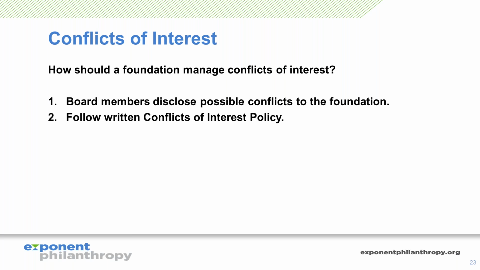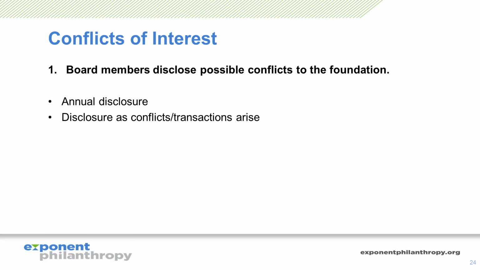So how should we think about conflict of interest? In the same way, how did we think about self-dealing? So there are steps we want to follow. One is board members should disclose potential and possible conflicts to the foundation. And second, you want to follow your written conflict of interest policy to help manage and resolve conflicts of interest. So the disclosure should happen on an annual basis, once a year.